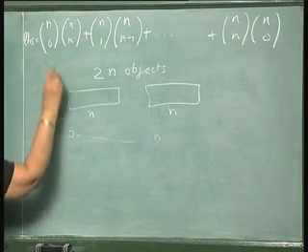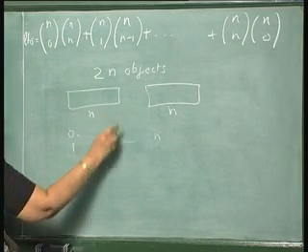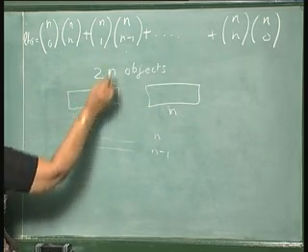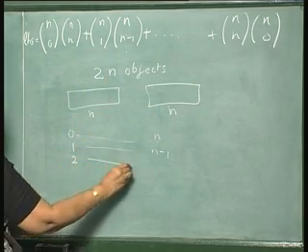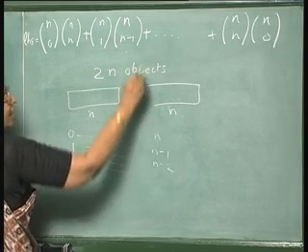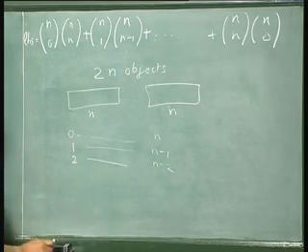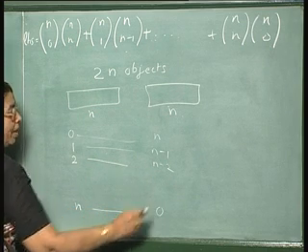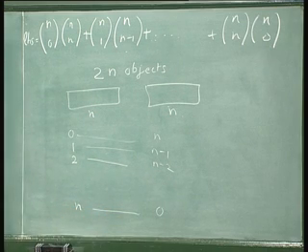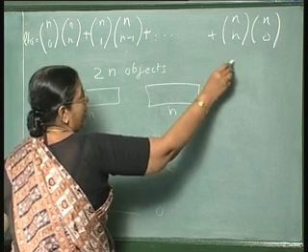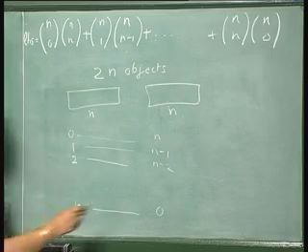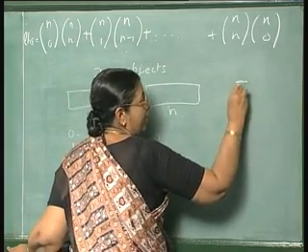I can choose 2 from this set and n minus 2 from this, that will be the next term. And the last, I can choose all the n from this and 0 from the second set. So, in essence, it amounts to the number of ways of choosing n objects out of 2n objects, and we know that that is given by 2nCn. So, by a combinatorial argument also you can prove this equality.